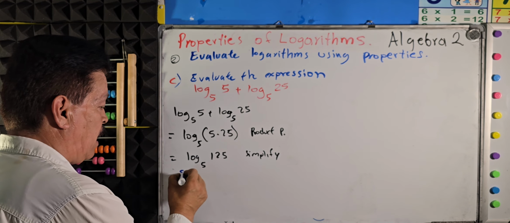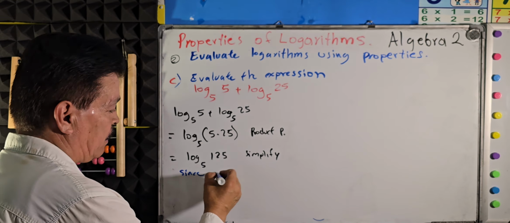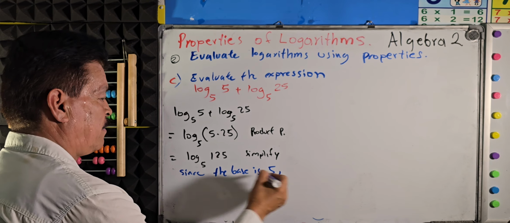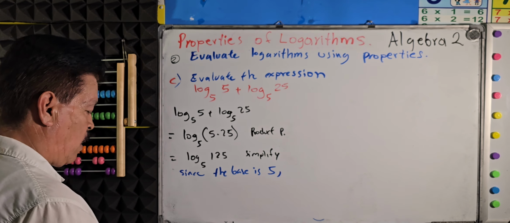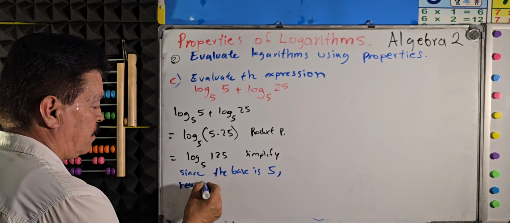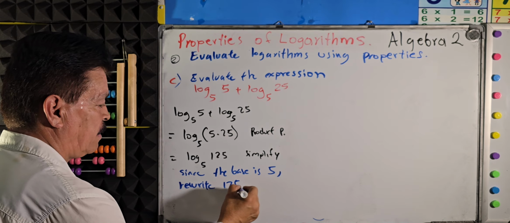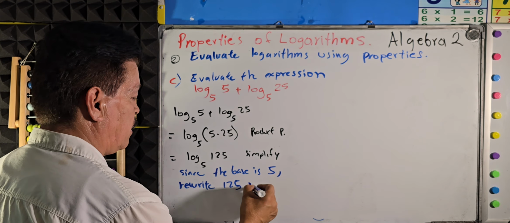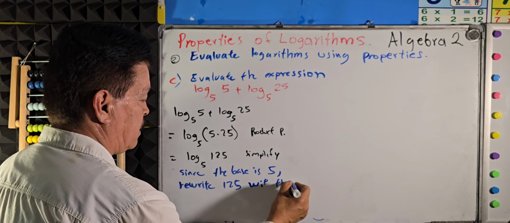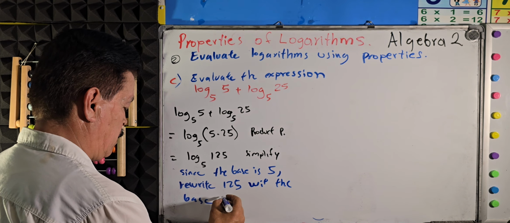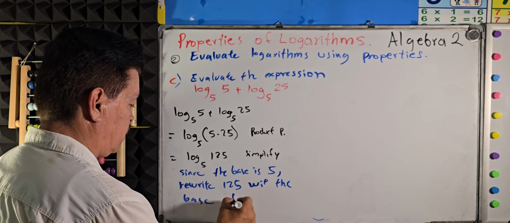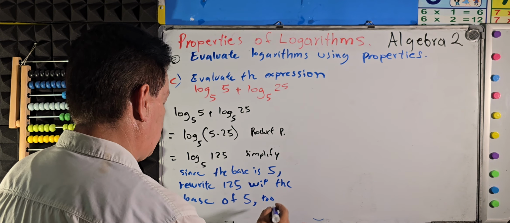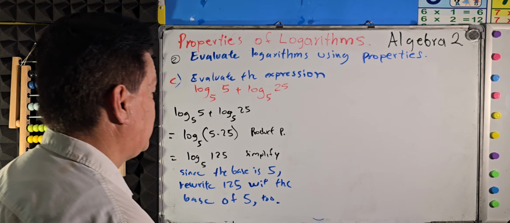The second part, since the base is 5 right here, rewrite 125 with the base of 5. See, divide by 5 too. So okay, I will start it on this side.